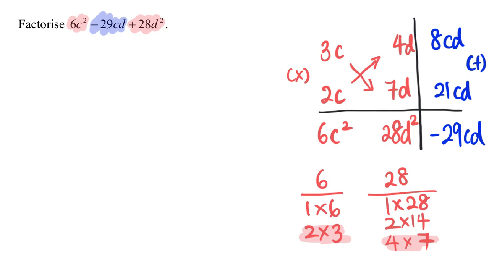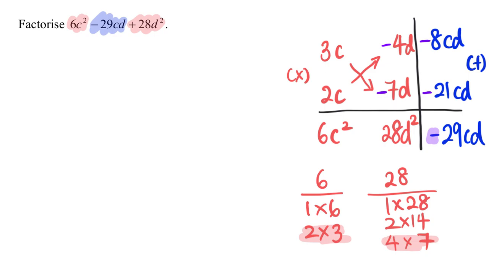But now is the time to consider the negative sign, and therefore I realize if I have a negative, first negative 4 times negative 7 is positive 28, and when I times the negative, they do give me negative 8cd and negative 21cd, and they do add up to negative 29cd.